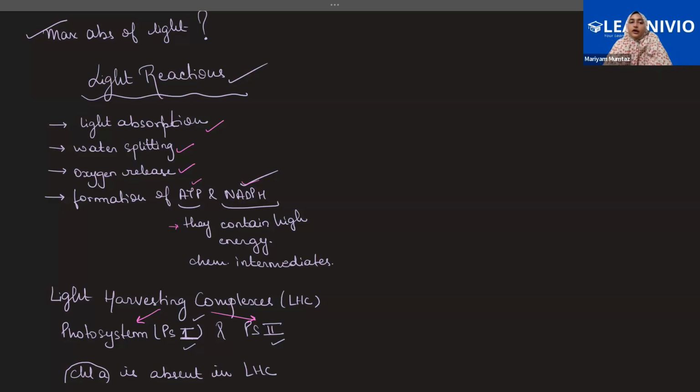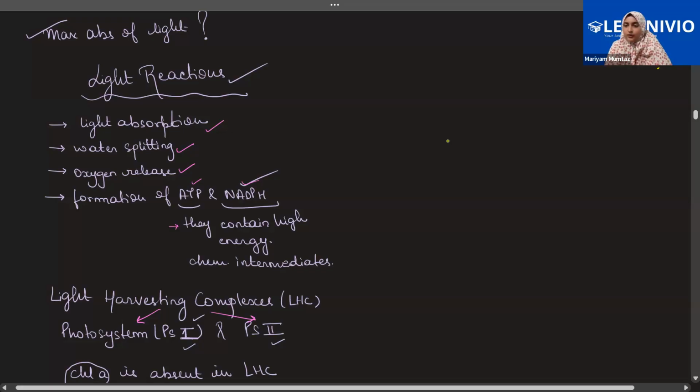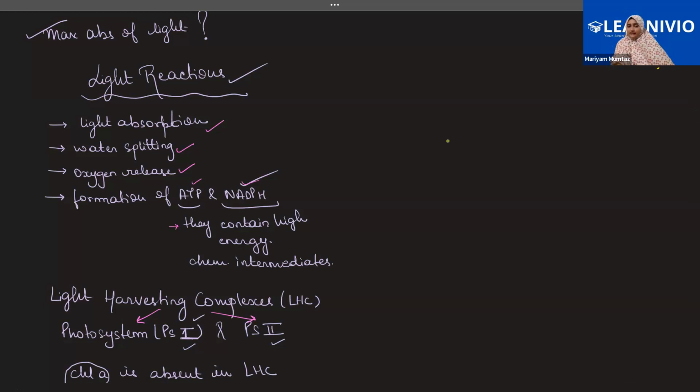Okay. Now talking about the light reaction, let us see what all things happen during this. The first and most important thing that happens is the light absorption. This is done by the chlorophyll molecule, because we know that the chlorophyll molecule has the ability to absorb the sunlight. After absorbing the light energy, it converts the light energy to chemical energy, because light energy cannot be used as such.